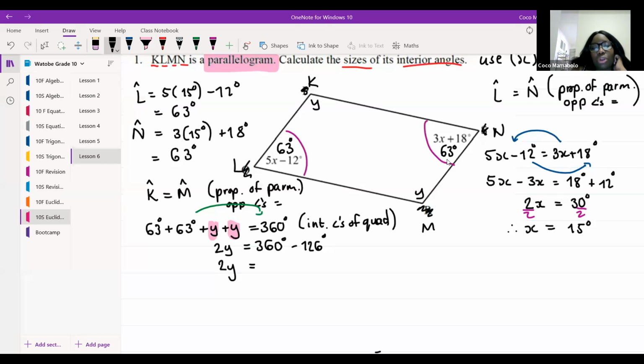So 360 minus 126 will give us 234 degrees. And then I still have to divide by 2 on both sides. Therefore, y is equal to 117 degrees. So that tells me that K and M are equal to 117 degrees each.